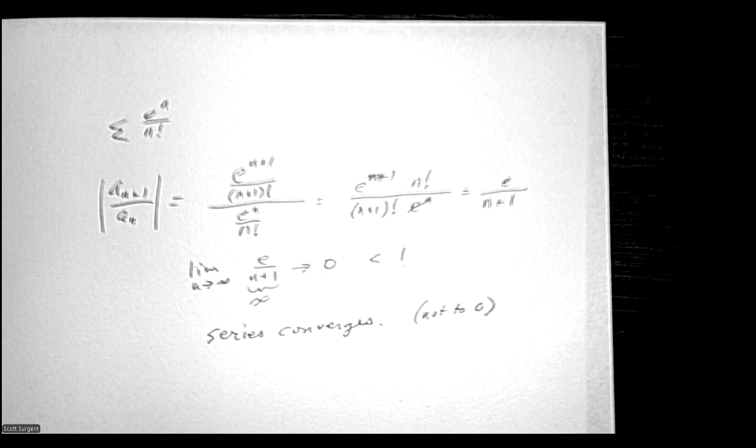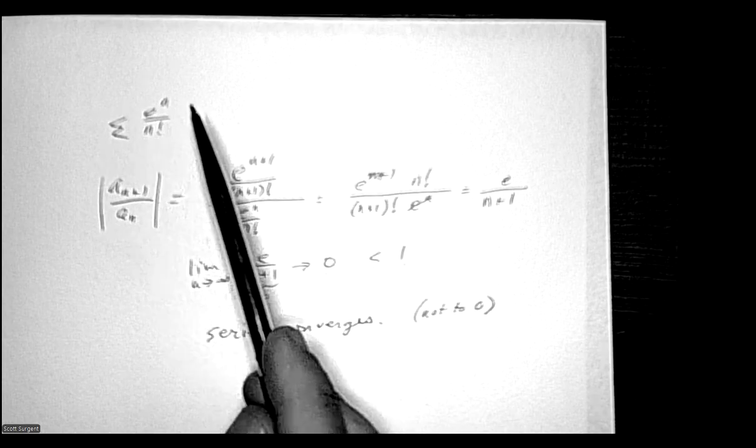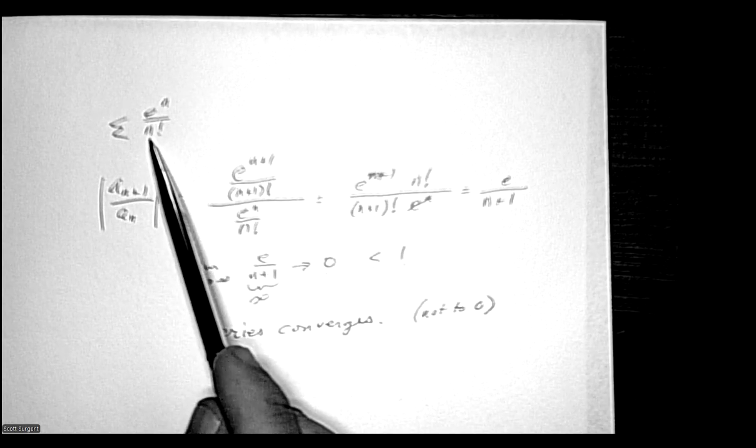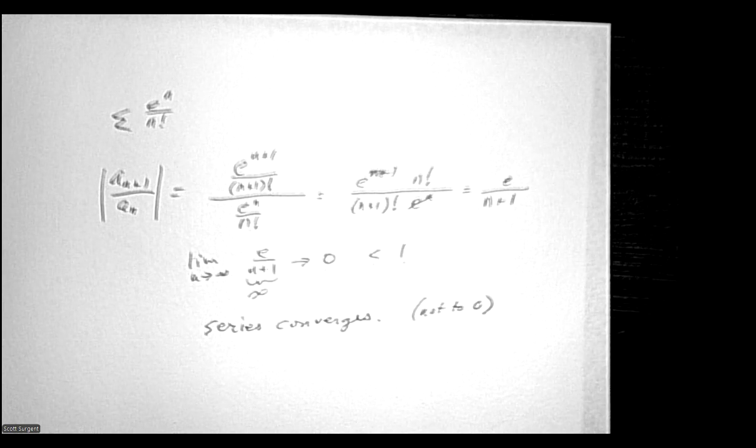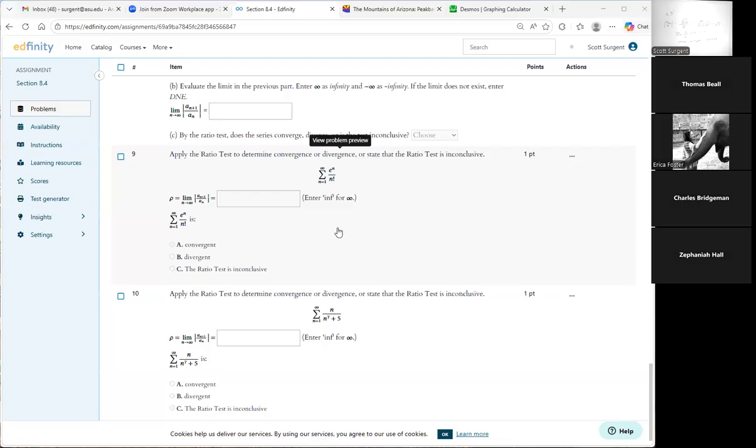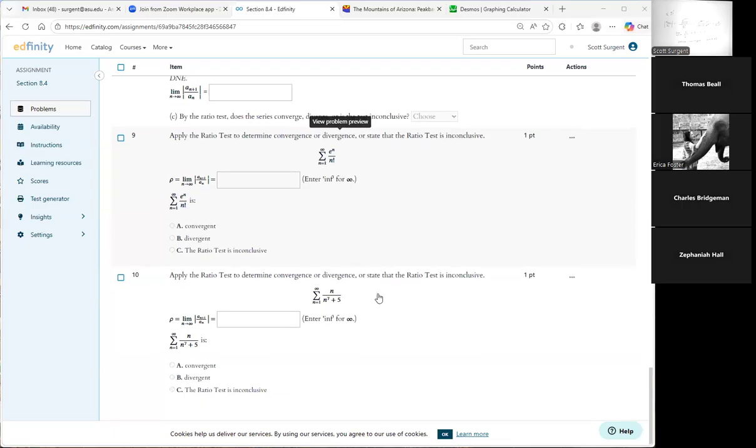And I'll say this in general, the ratio test is pretty handy when you have a combination of exponentials and factorials. So like on number 9, it worked out just nice. But on number 10, I don't think it's going to work because when you do the ratio test, you're going to get common powers on both the top and the bottom, and you'll end up getting 1.